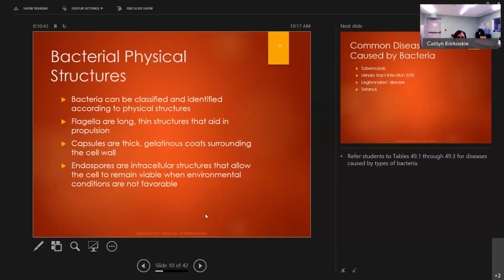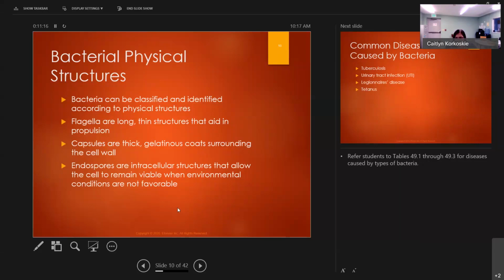Perfect. Okay. Bacteria are also classified according to their physical structures. Flagella are long, thin structures that aid in propulsion. Capsules are thick, gelatinous coats surrounding the cell wall, and endospores are intracellular structures that allow the cell to remain viable when environmental conditions are not favorable.